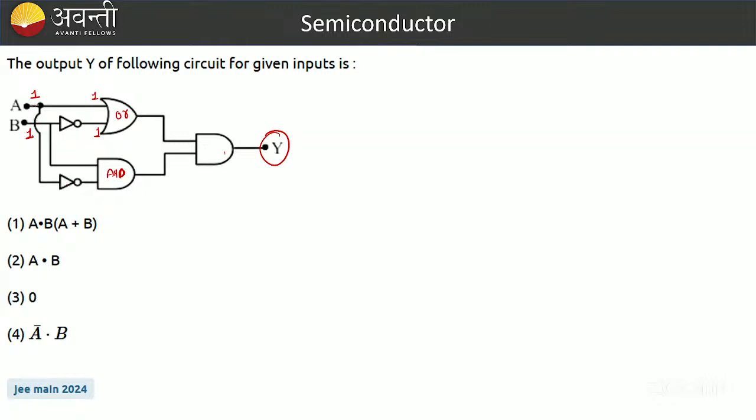So when this 1 signal travels to this, it will retain its value as 1. But when the signal 1 travels from B, there is a NOT gate in between and it will be converted to 0. So 1 0, and this is the OR gate, so it will filter out as 1. Because if any value is true, it will give you a true output. So 1 is here. Now let's talk about B.